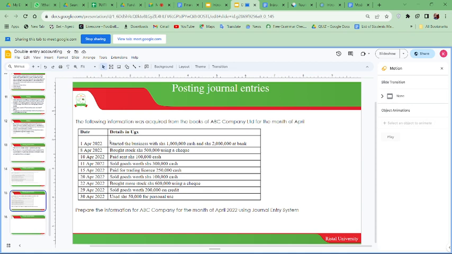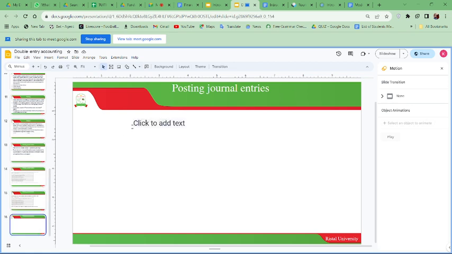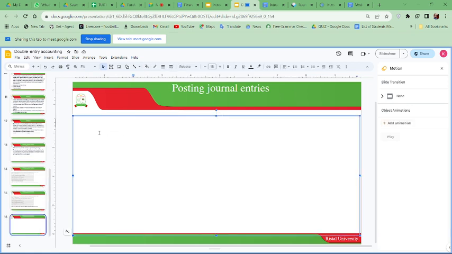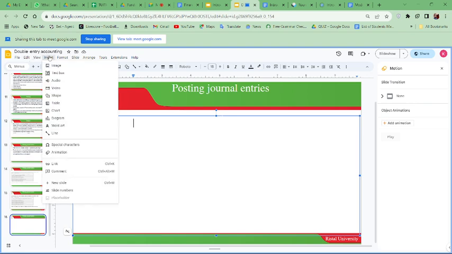So let's start with: started the business with 1 million Uganda shillings cash, and then 2 million at bank. So here it means, let's draw a table.